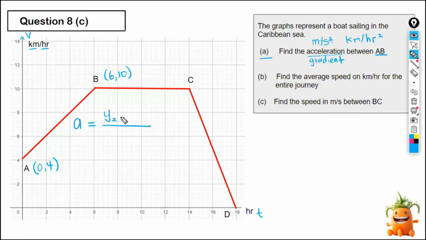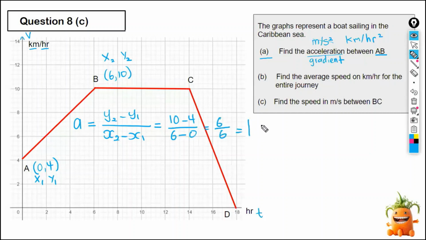It's y2 minus y1 divided by x2 minus x1. Remember, here will be x1, here will be y1. The other point will be x2 and y2. Here will be 10 minus 4 divided by 6 minus 0. I think we're going to get 6 divided by 6, which is 1 kilometer per hour squared.